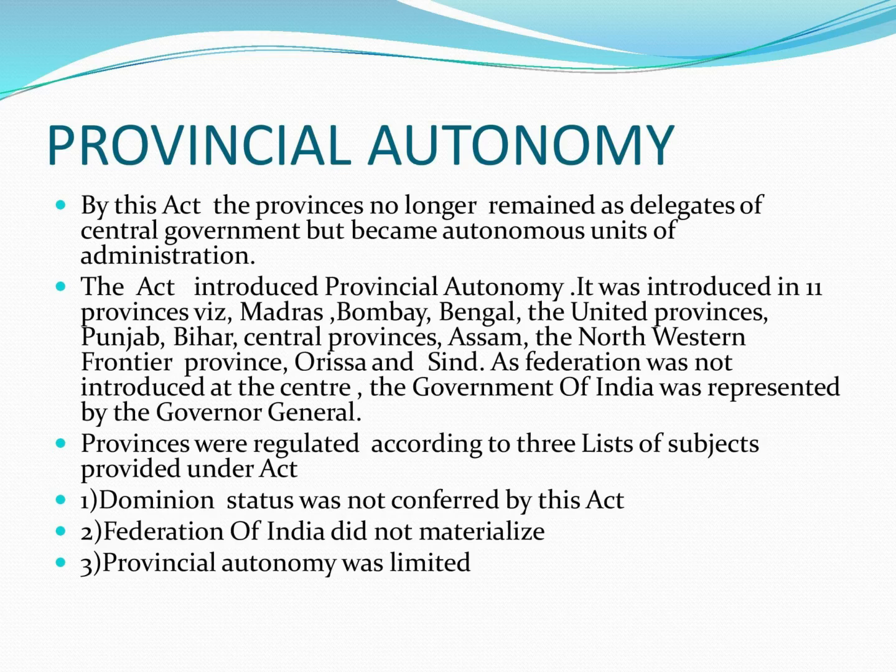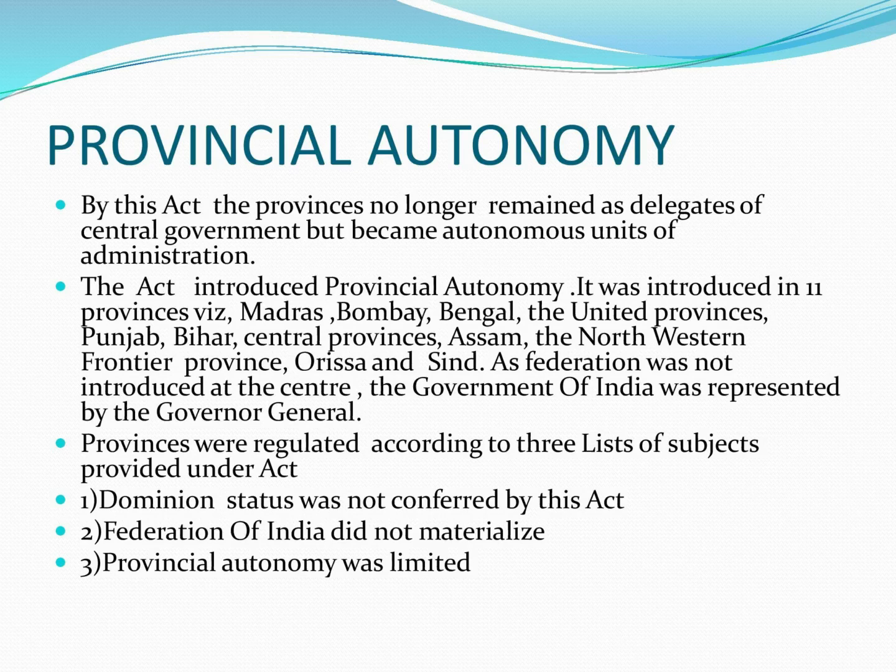Earlier, provincial autonomy was not in the hands of the provincial states but under the control of the central government only. As per the direction issued by the central government, the provincial state should function. But this act removed that concept and provided autonomy, that means freedom, in the hands of the provincial government.